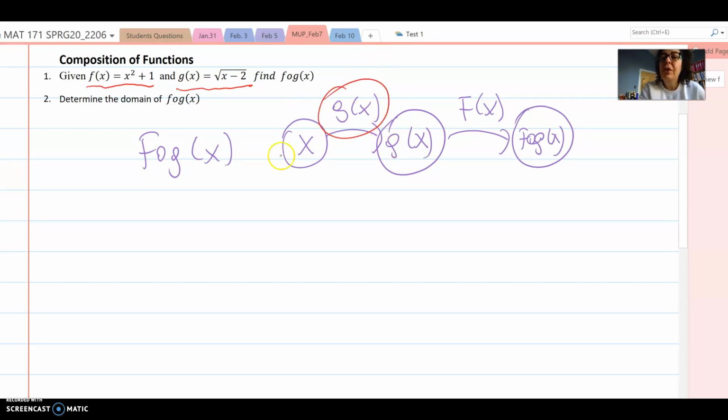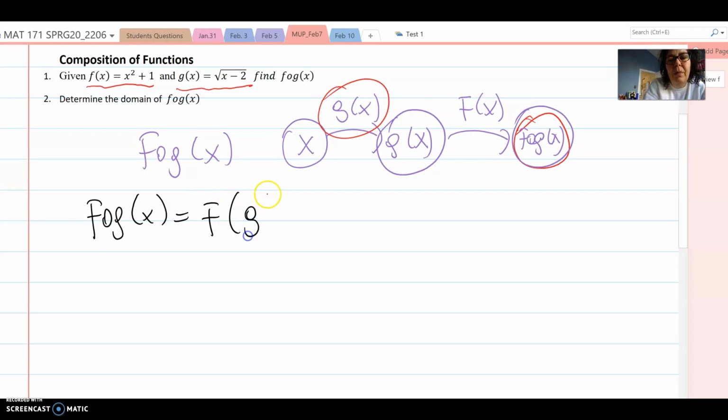Then g will produce meaningful outputs, and then we look at the domain of the resultant function if necessary. Then f will produce meaningful outputs. So the inside function, in this case g, is the one whose domain restriction we are so much interested in.